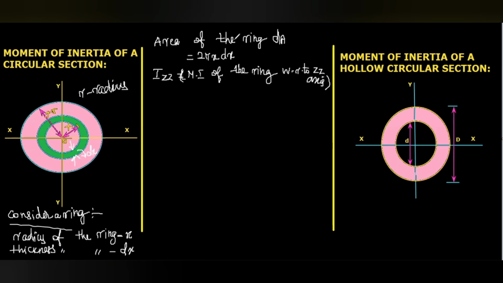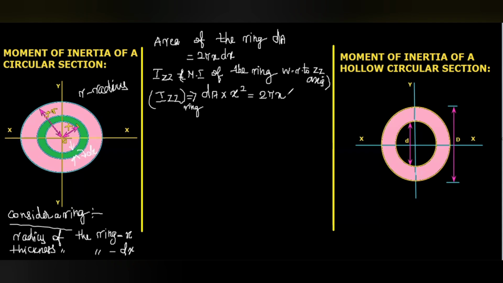We know that this is the area, so for the ring, we can write dA multiplied with the radius or this distance, that is x square. And we know the value of dA, that is 2 pi x dx.